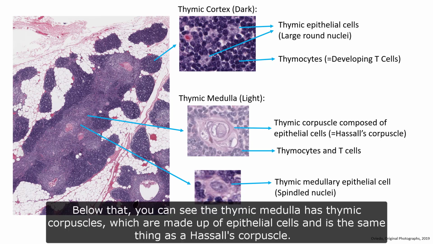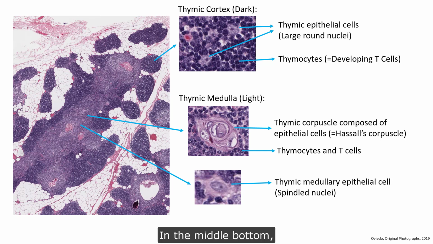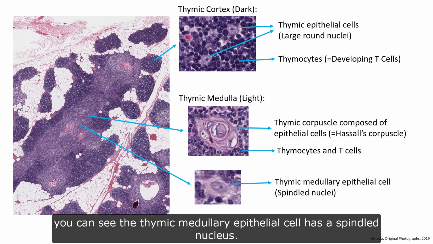Below that, you can see the thymic medulla has thymic corpuscles which are made up of epithelial cells and is the same thing as a Hassall's corpuscle. The medulla also contains thymocytes and T cells. In the middle bottom, you can see the thymic medullary epithelial cell has a spindled nucleus.